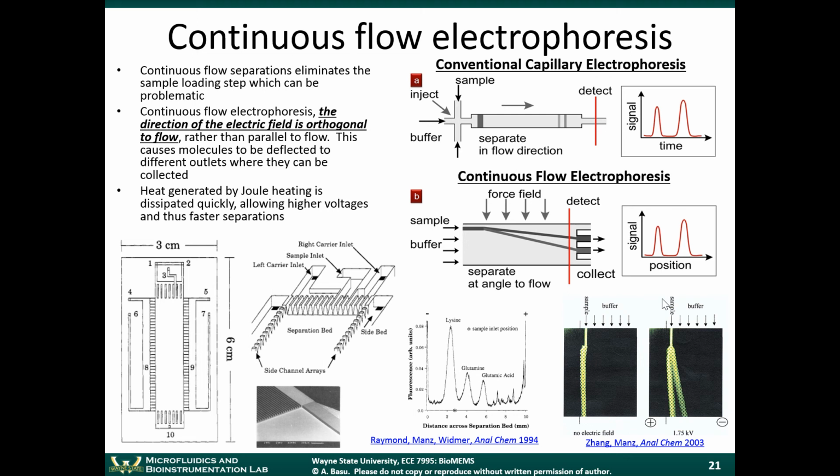Continuous flow electrophoresis systems allow you to do this type of continuous analysis. An example of where you might want to use continuous analysis, I mentioned water. Let's say you want to continuously measure the ionic content or the ion concentrations in your drinking water. You could design a continuous flow electrophoresis system to do something like that.